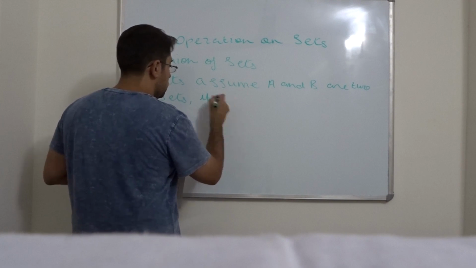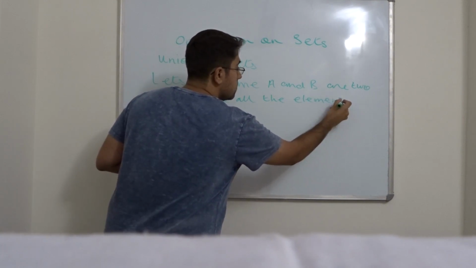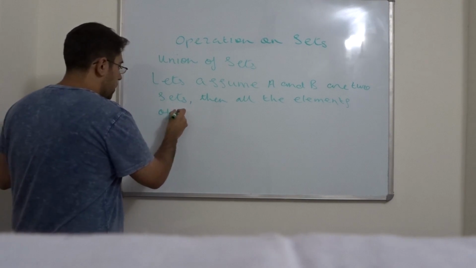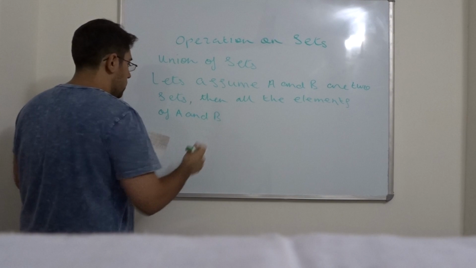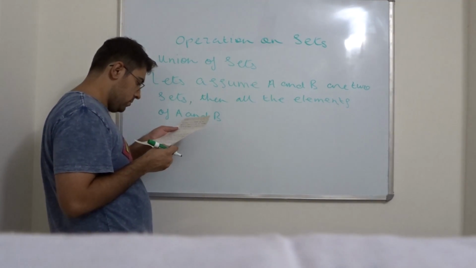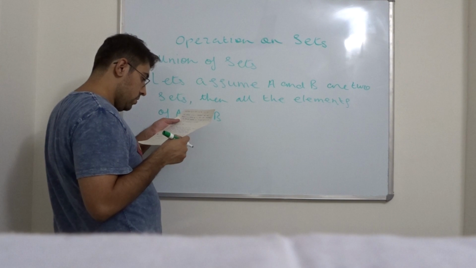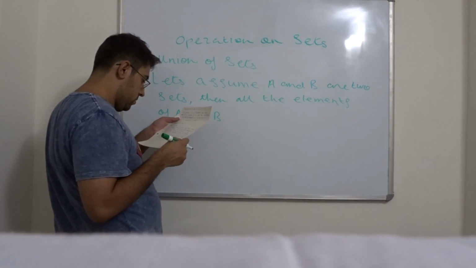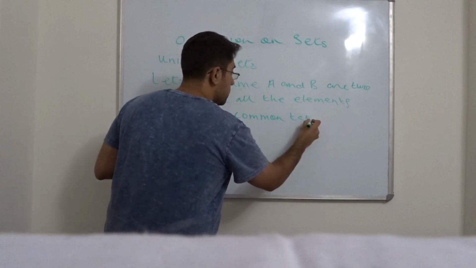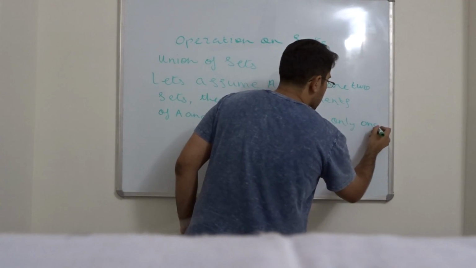Then all the elements of A and B, and then common elements taken only once, is the union. So over here, common elements, guys. Common elements taken only once.